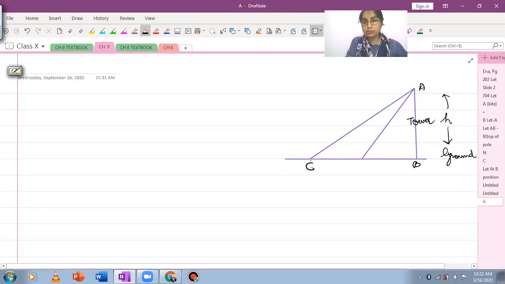And this is the position of the car. I'll just mark it side by side while writing.